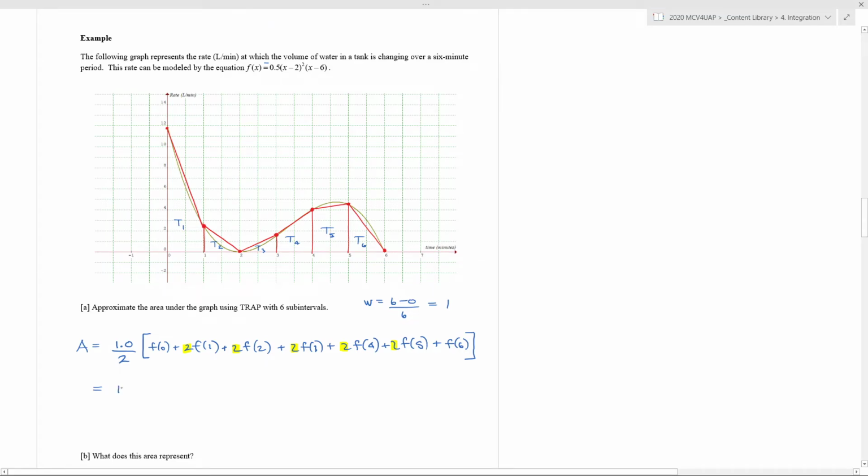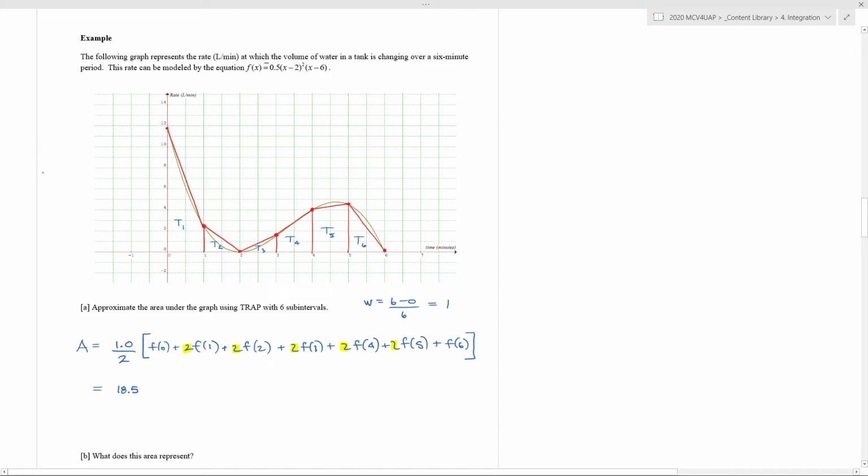And when we do that, I got 18.5. I don't know if anybody out there has tried that. Anyway, that's not the important point. The important point is, what are the units here? For each trapezoid, I'm taking averages of heights. I've added one height plus another height and divided by 2.